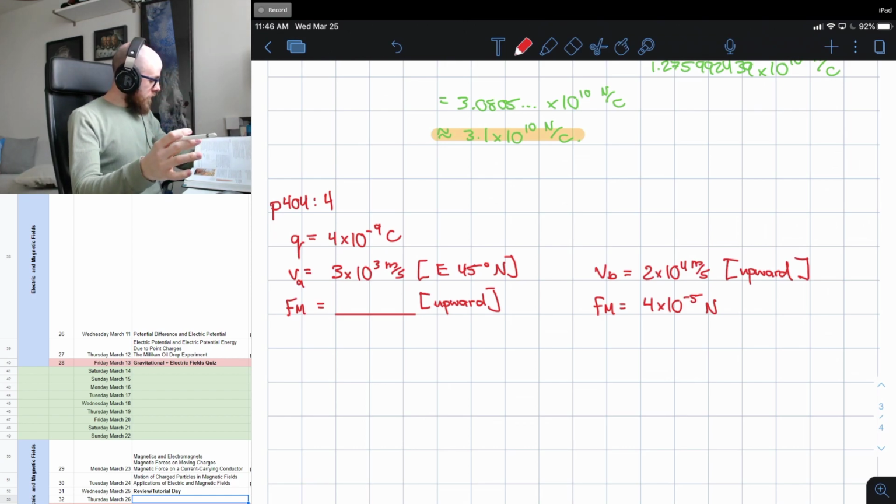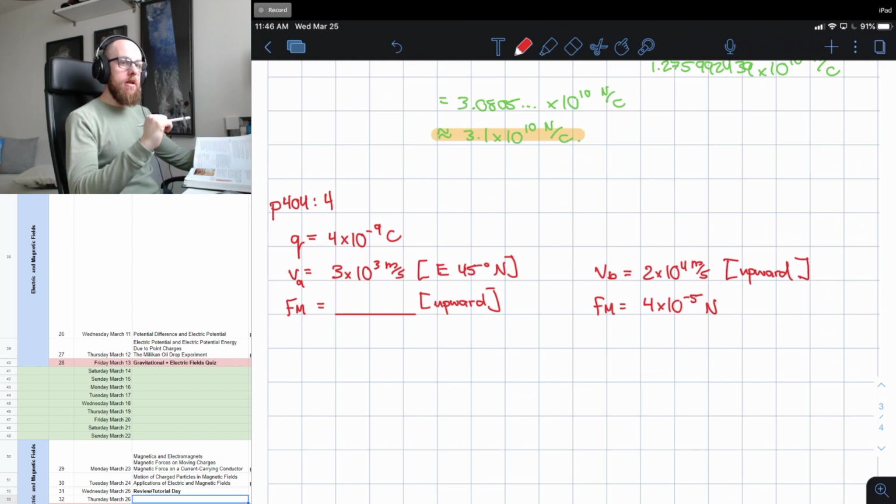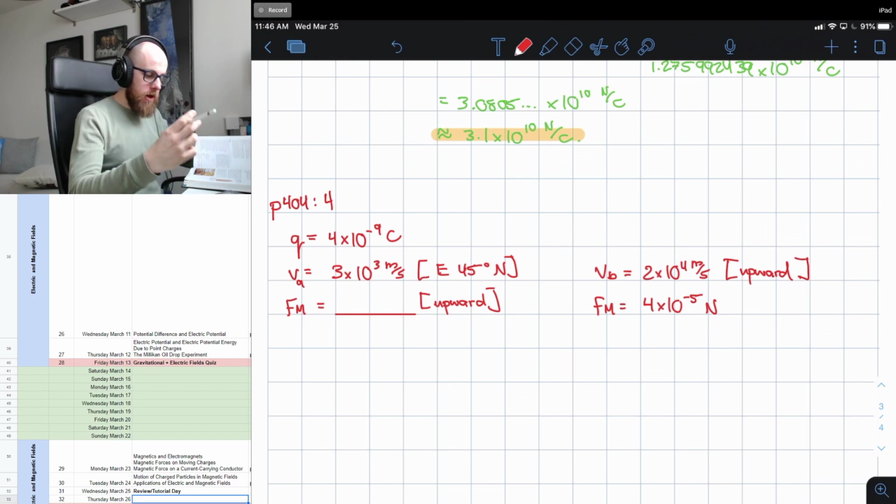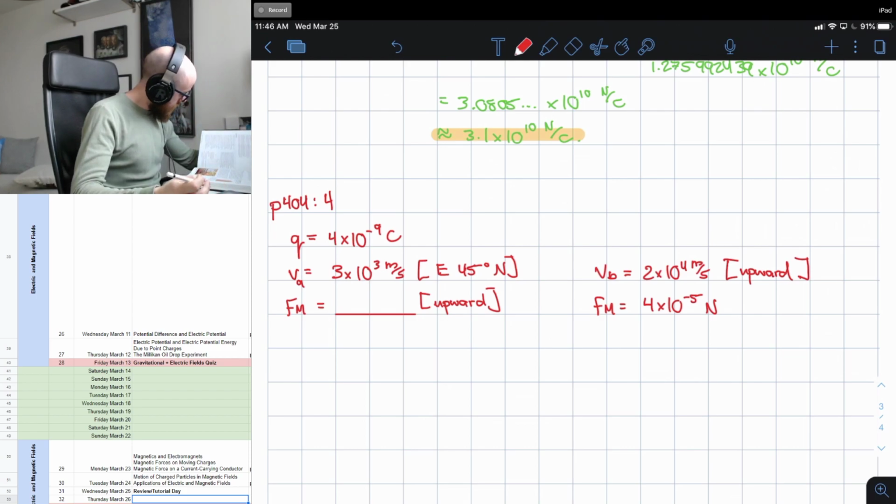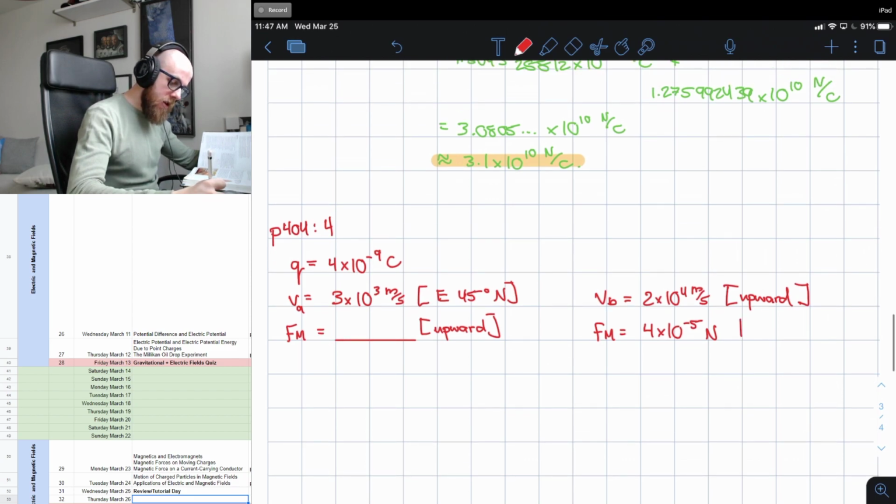Well, the first one we're told the direction of the magnetic force, but not the field. Yeah. Okay. So in this second scenario, we have a force exerted west on the particle.